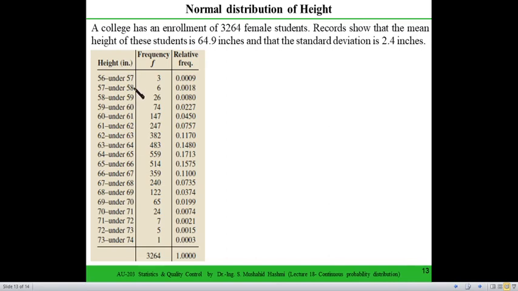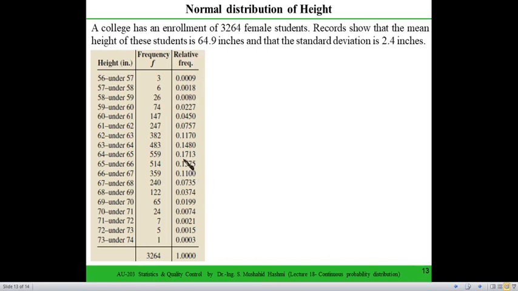So it means for height between 56 and 57 inches, out of 3264, 3 people would have this height, between 57 and 58, 6 female students would have this height, and between 58 and 59, 26 females would have this height. And as you know, if you just calculate the probability, 3 divided by 3264, you get this number, or 6 divided by 3264, you get this number.